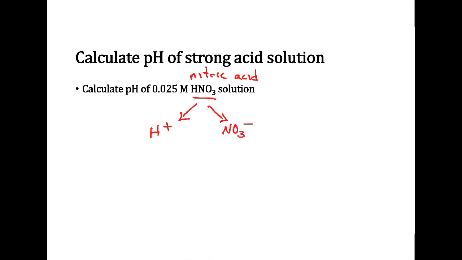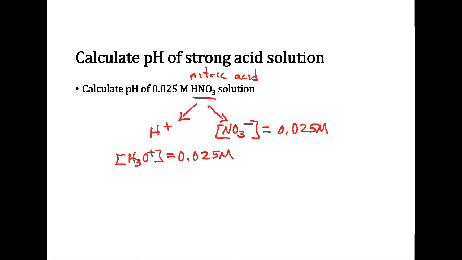So the concentration of hydronium, because it's dissociating completely, will be 0.025 molar. And the same for nitrate: our nitrate concentration would be 0.025 molar.